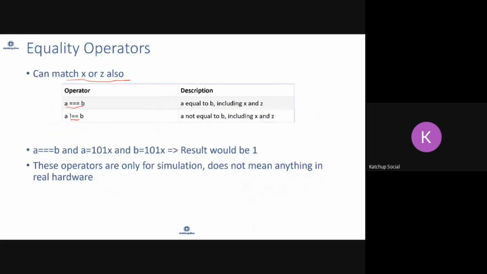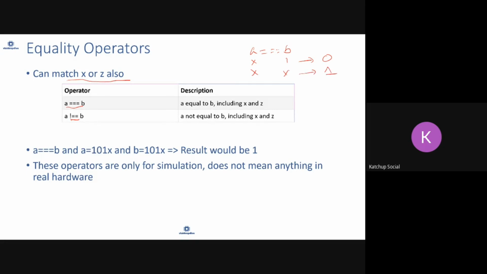In this case, it will match x and z also. So let's say you have a and b. You are checking if a equal 3 times equal to b, and let's say a is x and b is 1, then the output will be 0 because they are not equal. But if a is x and b is also x, then the output will be 1.